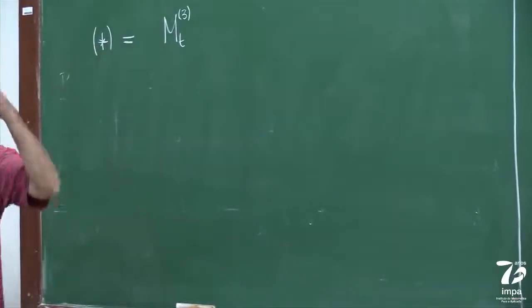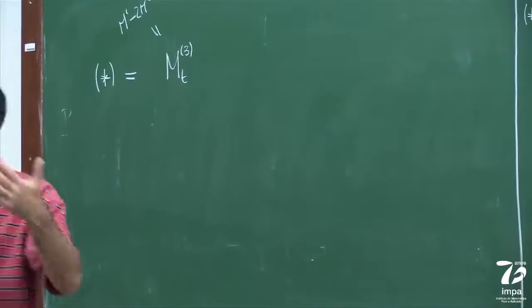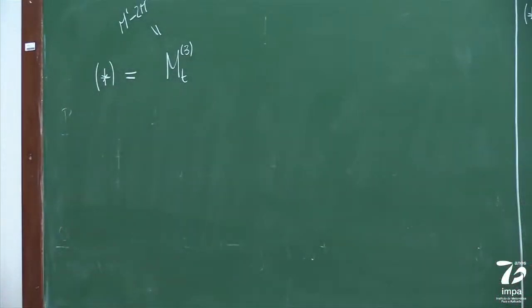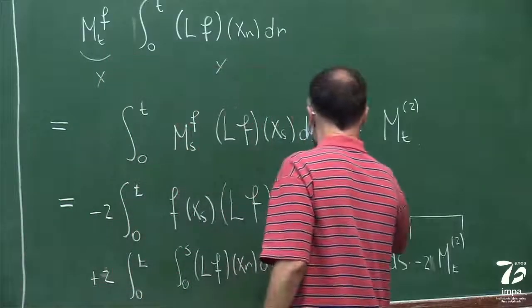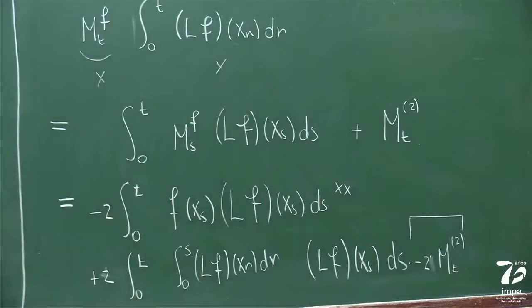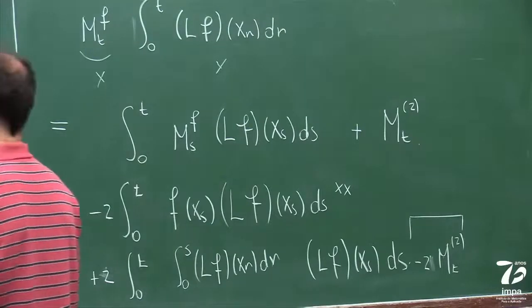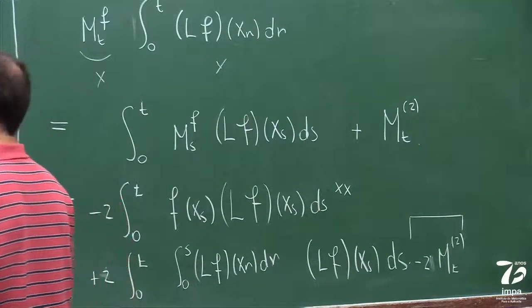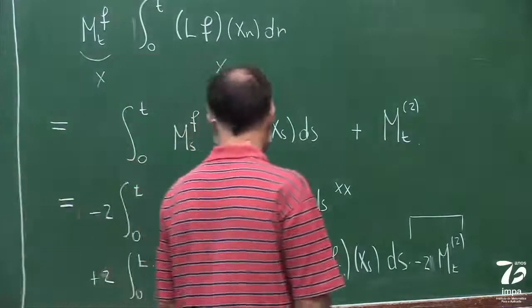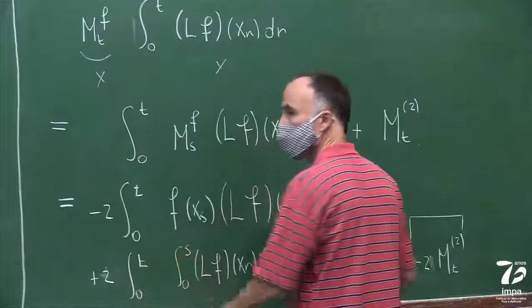Okay, if you take a martingale and multiply by a constant, it's still a martingale. So these are martingales. Then this term cancels, so all terms here have cancelled. And what remains is that I have this term and I have this term.